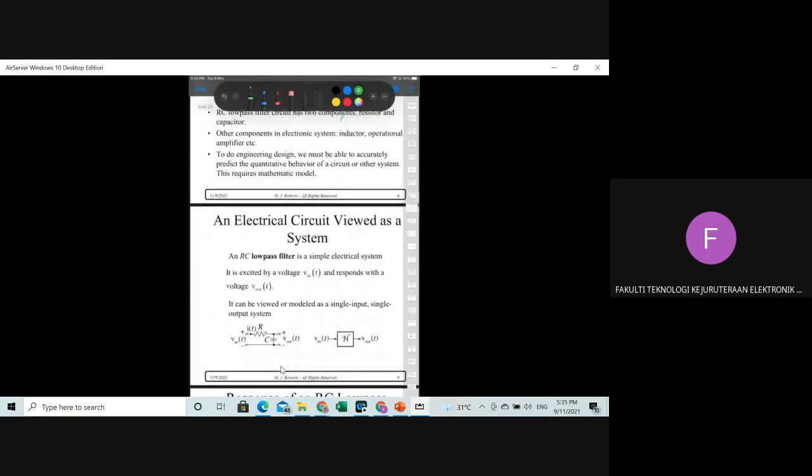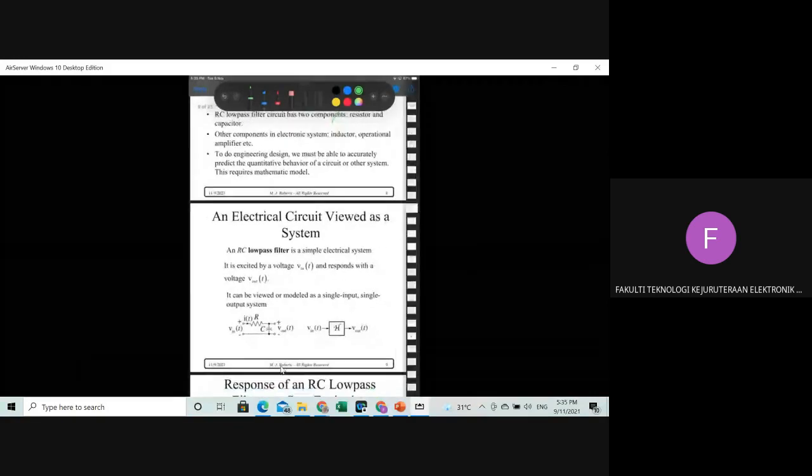Okay. So for example here, we said that the RC low pass filter is a simple electrical system. The input voltage is V in and the output voltage is V out. So V out is the output signal of the RC circuit.